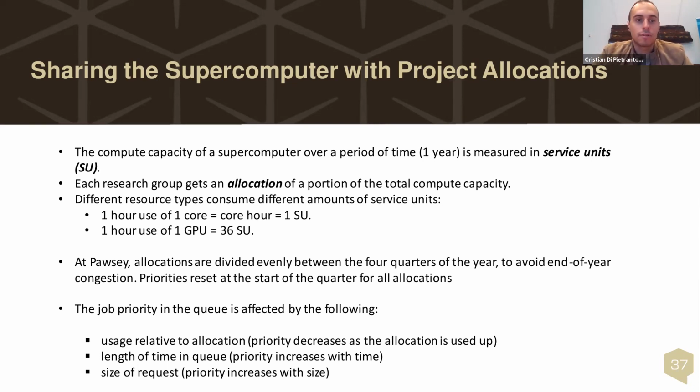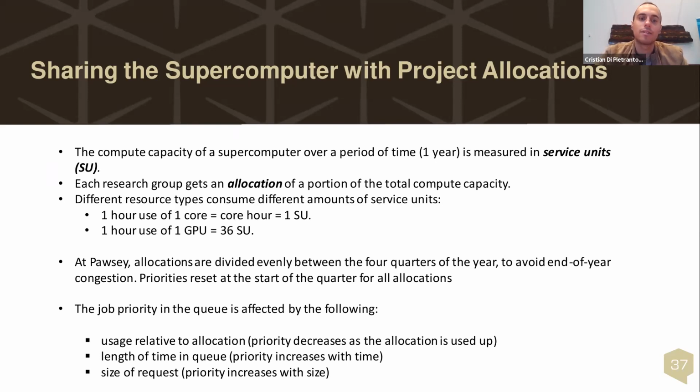The first step is to define a measure for the compute capacity, and supercomputing centers came out with the definition of service unit. A service unit is usually defined at a very basic level as 1 hour use of one CPU core.